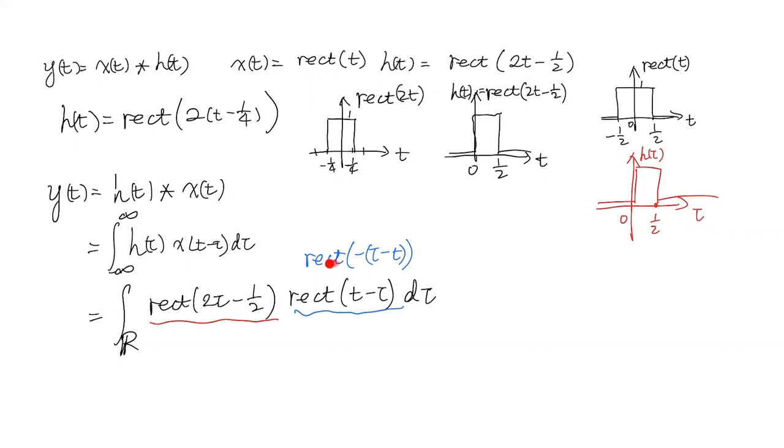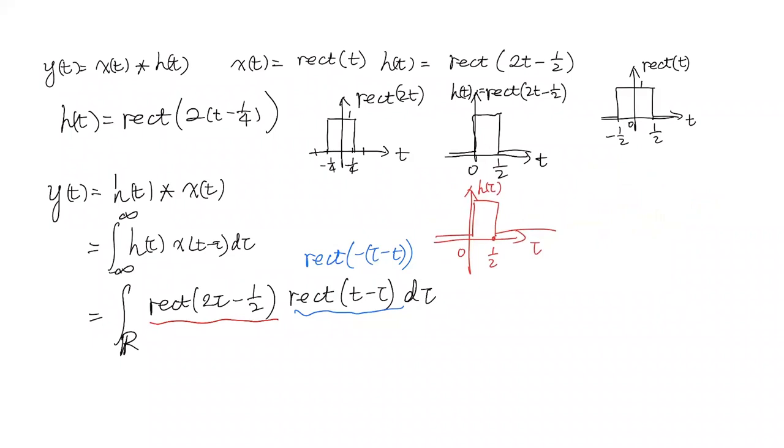So to arrive at this function, you first get the rectangular function of tau, and then you flip left and right, you get rectangular negative tau. And then you slide it to the right by t steps. Maybe I should move this to here for now.